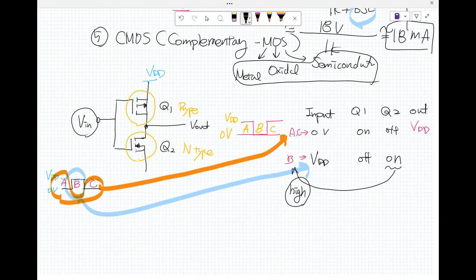The output is 0 volt. Why? Because the output voltage goes down to the ground. So this is why. Okay.